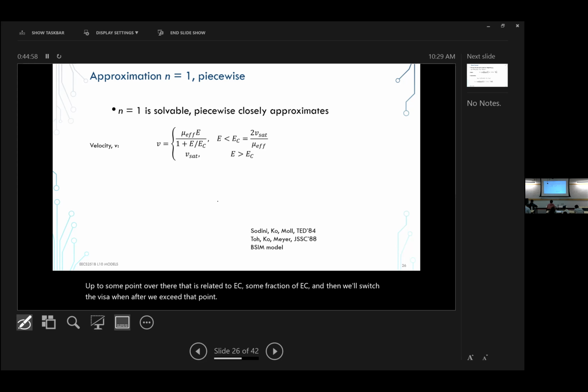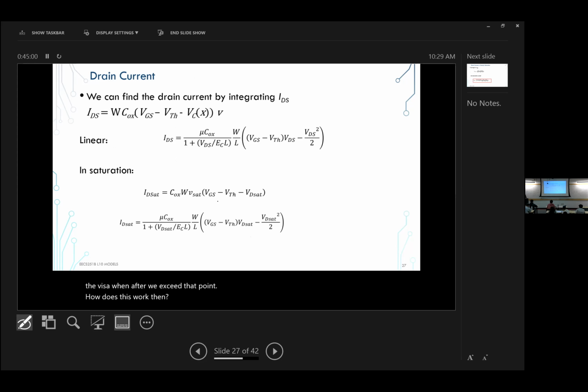How does this work then? We can repeat the exact same integration that I've done before, but I'm not going to do it because it takes a few extra minutes. So we'll say that our current density is still equal to Cox times VGS minus VTH minus V times the velocity.